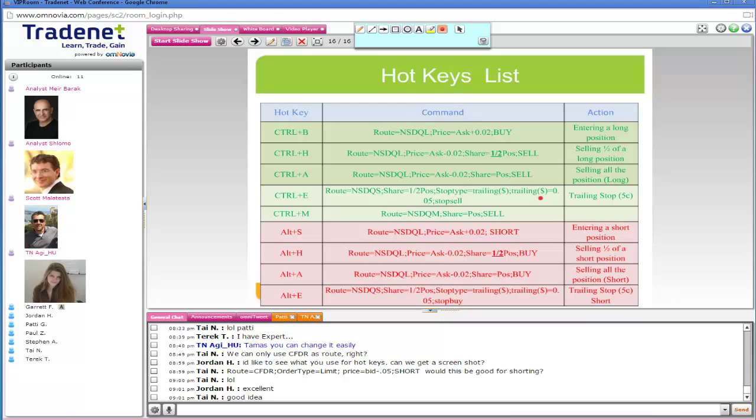The trailing I want to use is 0.05. Look, it jumped one line lower, but it's 0.05. That means I want to trail 5 cents from the high, and the stop should be a stop sell because I want to sell this position. Of course, we have all these kinds of commands on the opposite side when we want to short, or cover part of our short.